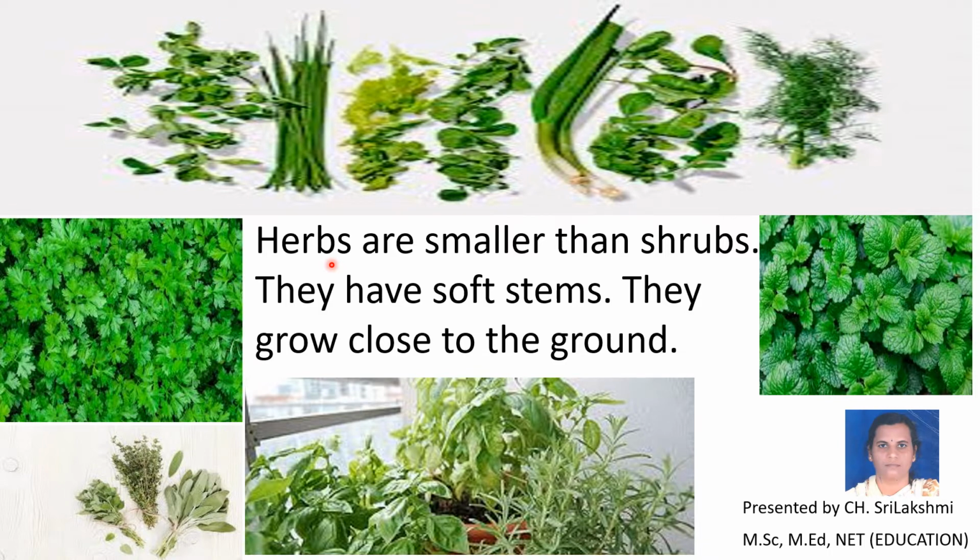Suppose if we take pudina, that is mint, it has a very delicate stem, you can break it with your fingers. They grow close to the ground, that is, they don't grow tall like other plants. Pudina or coriander just grow close to the ground.